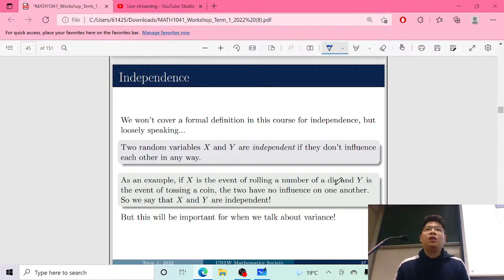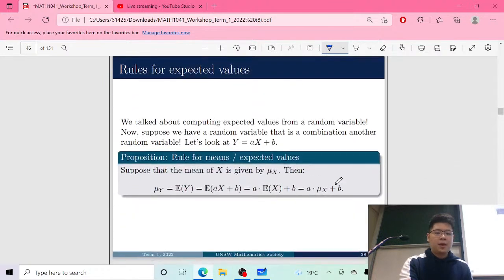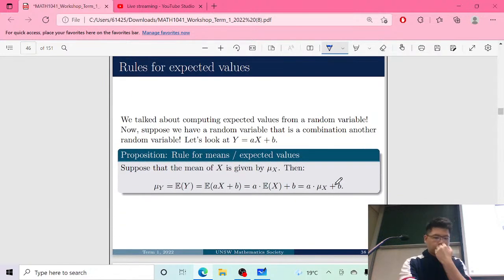For example, if you have a die and a coin, if you toss the coin and roll the die, whatever value the die takes is not going to impact the coin, and whatever value the coin takes is not going to affect the die. The reason we're talking about independence right now is because the notion of independence for random variables is very important when you talk about variances. So let's look at that in a bit.